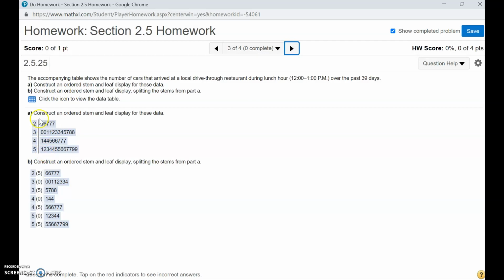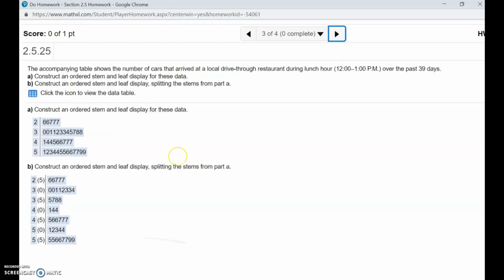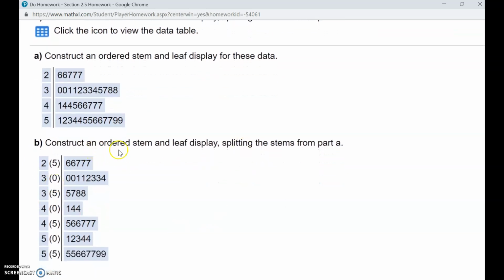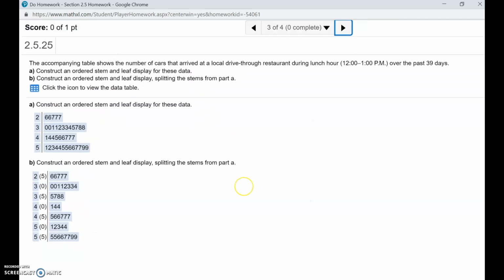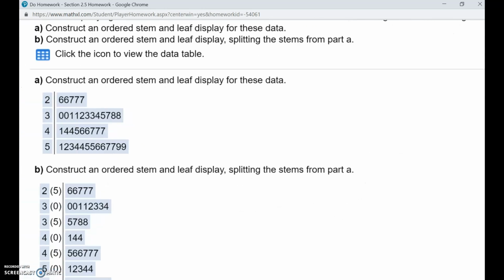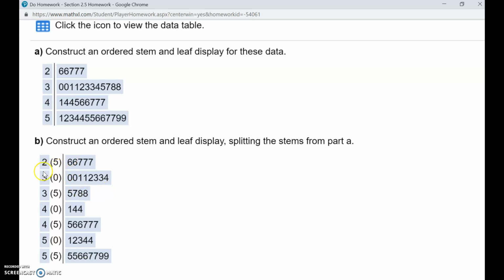Okay, so for this one, they ask you to construct a stem and leaf display. For the second part, it wants you to split the stems. When you split the stems, you are splitting them in half. So instead of counting up by tens, you're going to count by fives. The first one we would need would be splitting the stem 20. You would split it and start at 25 because we don't have any below 25.